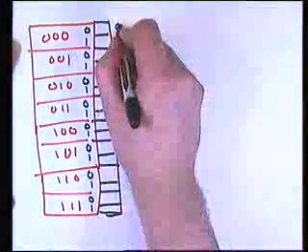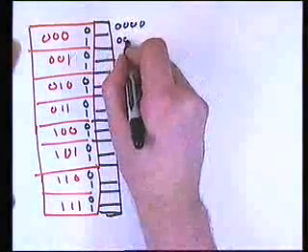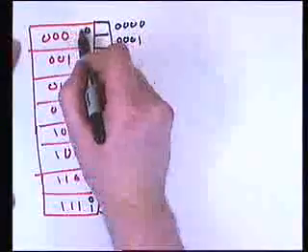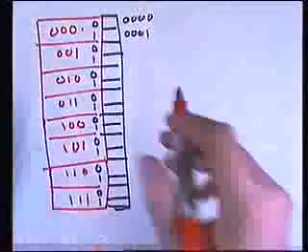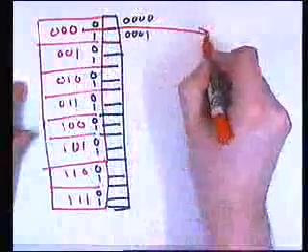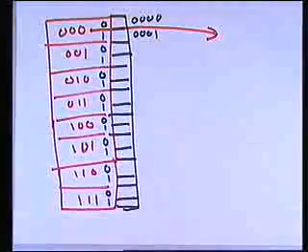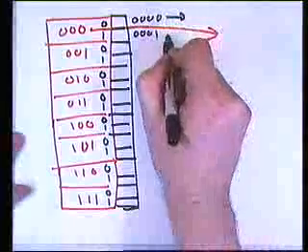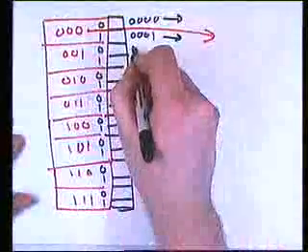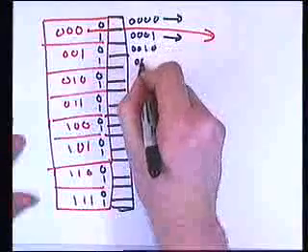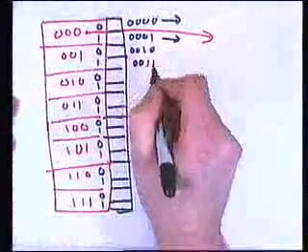Meaning we have here 0000, 0001. And wherever this table cell originally had been pointing, we should have both of these new cells point to that same place. Likewise, we have here 0010, 0011, with the new fourth bit as 1.